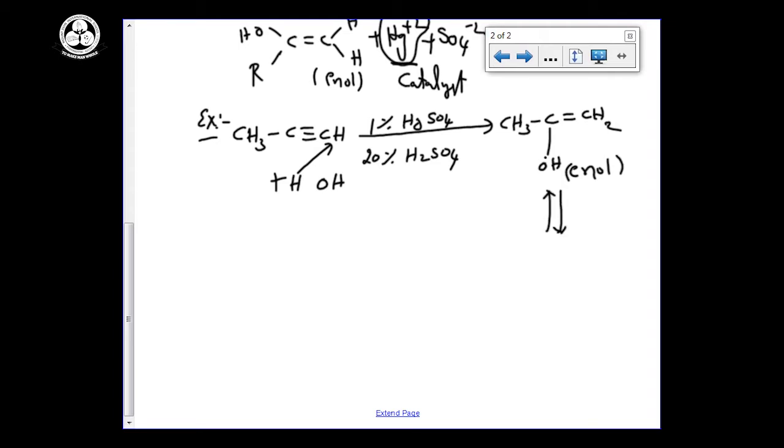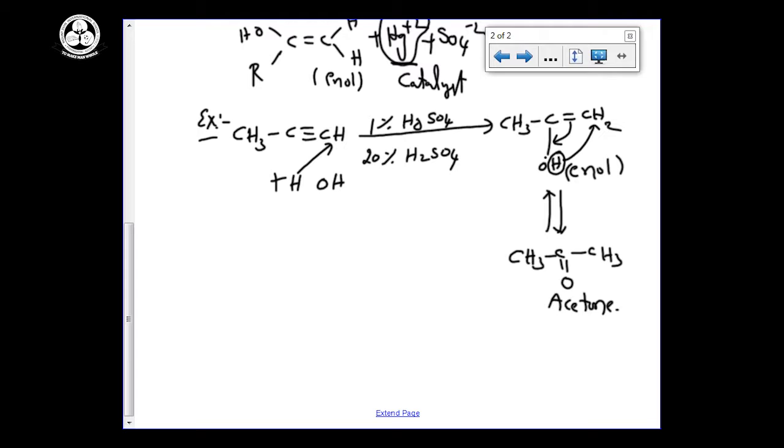It will change into keto form, that is, hydrogen will be sent here and the double bond will be sent here. Now this becomes CH3, C double bond O, CH3. That is acetone. So this is called acid catalyzed hydrolysis.